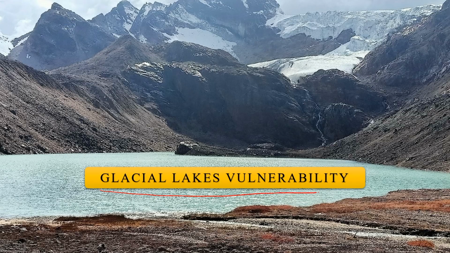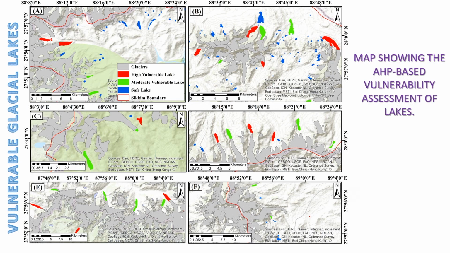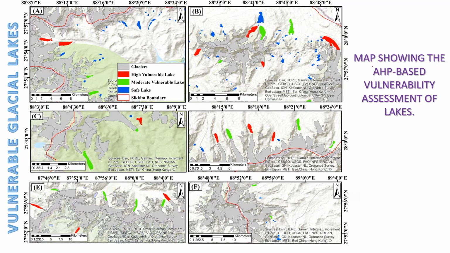In another example, we have studied the glacial lake vulnerability, right, how vulnerable a glacial lake is. Here you can see the AHP based vulnerability assessment. The AHP based vulnerability assessment gives you an output with different colors, and these colors can be used to read this map.